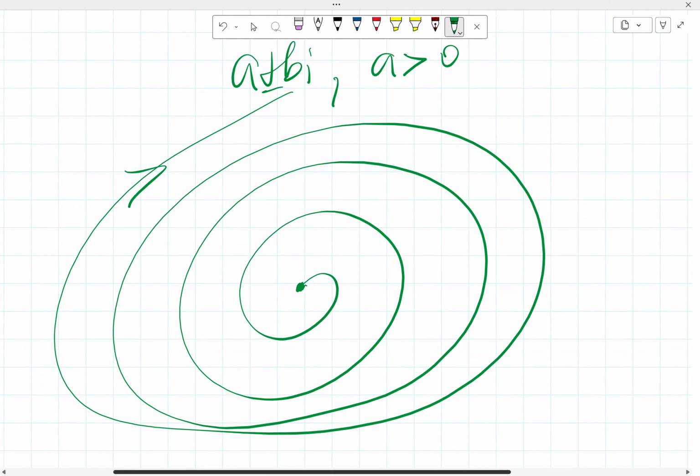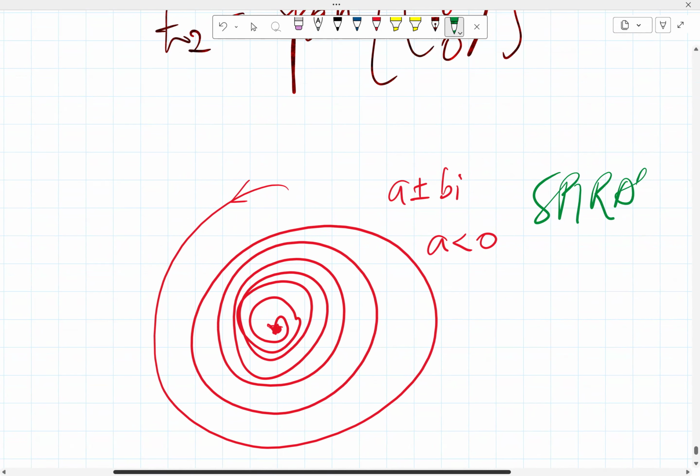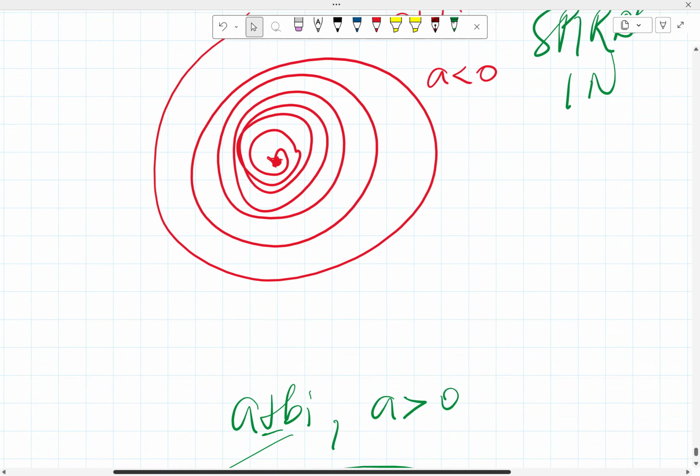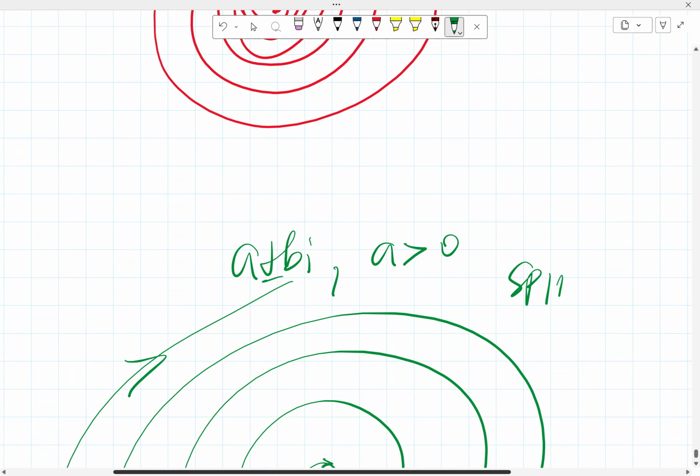So the arrow is pointing out of that point. Whereas this one is spiraling in, so this is a spiral in, and a greater than 0 is a spiral out.